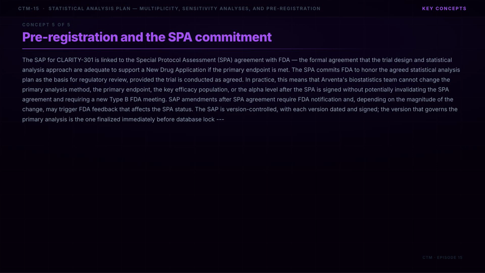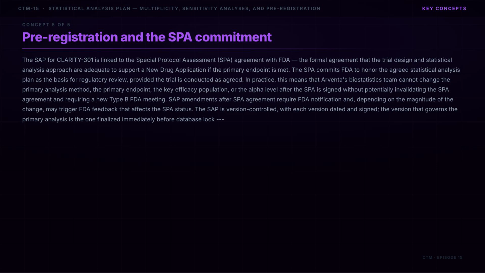In practice, this means that Arventa's biostatistics team cannot change the primary analysis method, the primary endpoint, the key efficacy population, or the alpha level after the SPA is signed without potentially invalidating the SPA agreement and requiring a new Type B FDA meeting.